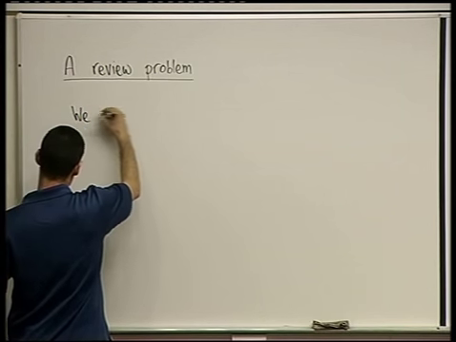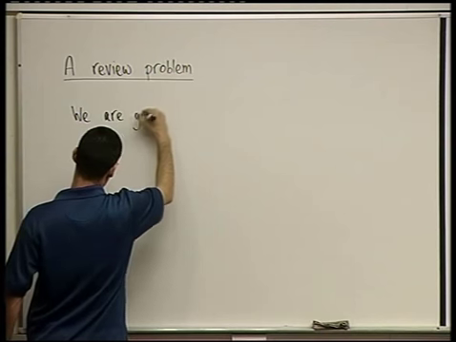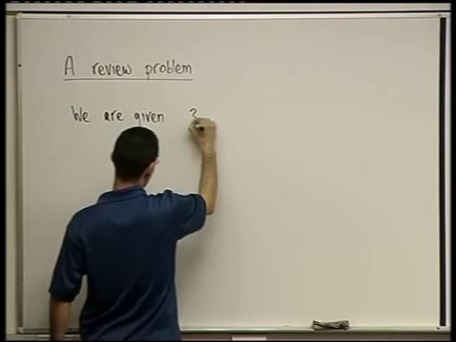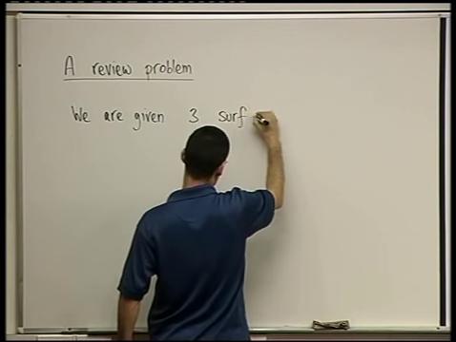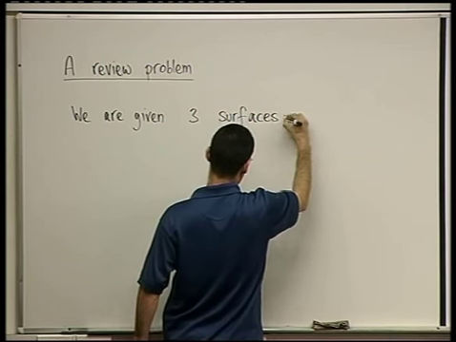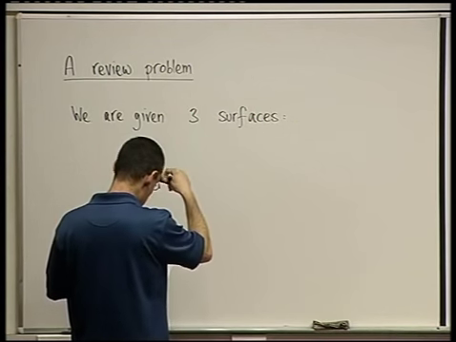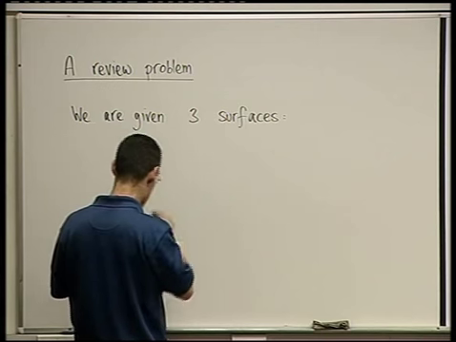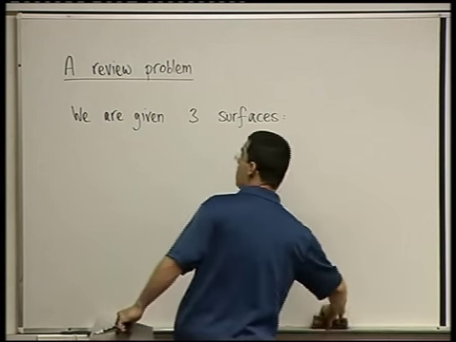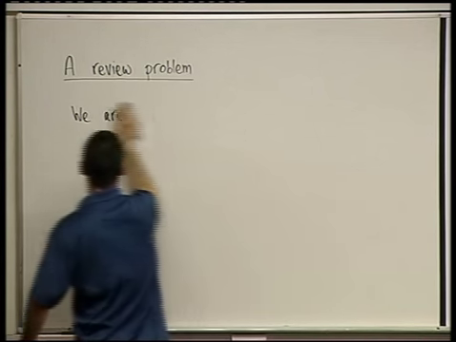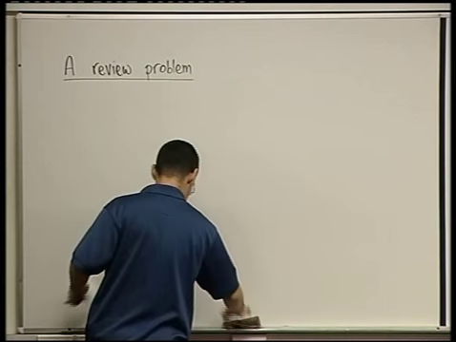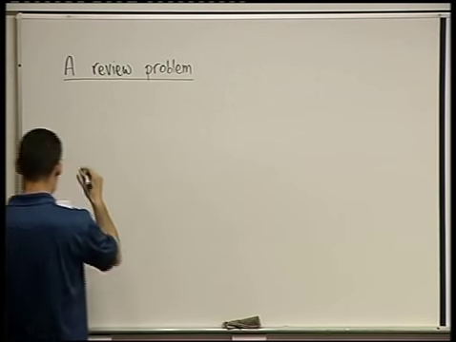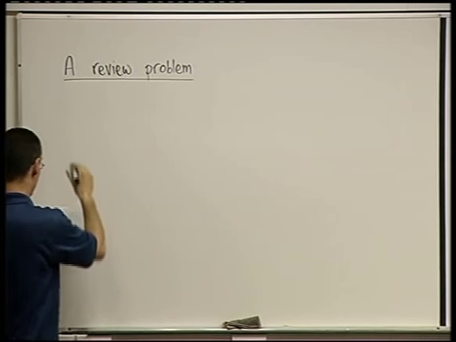We are given three surfaces, and I'm already regretting what I'm doing. I'm going to rewrite this smaller because I want to keep a lot of data on the board. So we are given three surfaces.